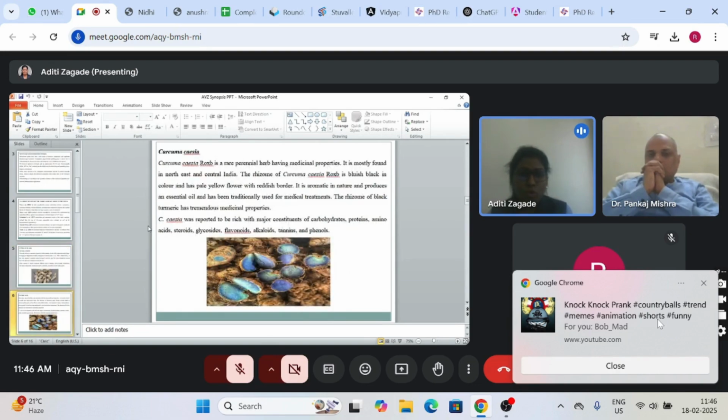Another, that is the Curcuma caesia. The second species of Curcuma is Curcuma caesia Roxb. It is a rare perennial herb having medicinal properties, and it is basically found in northeast and central India. The rhizome of Curcuma caesia is bluish black in color and has a pale yellow flower with a reddish border.